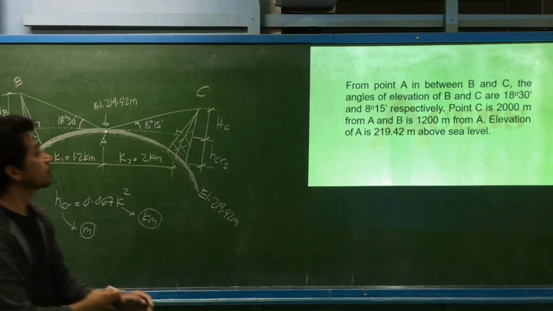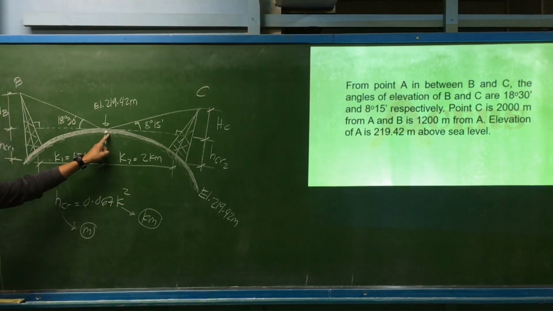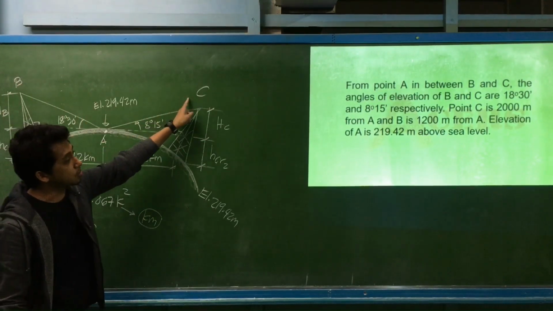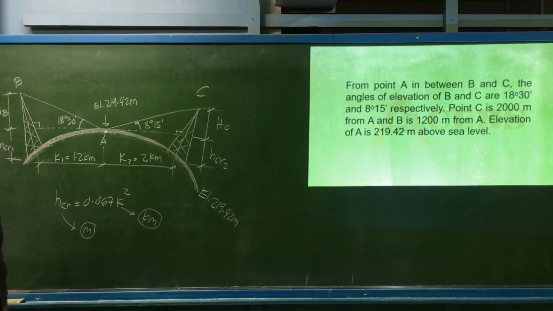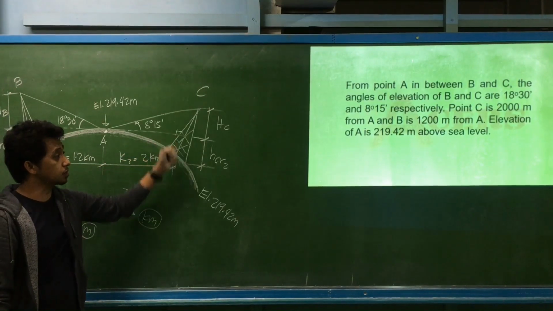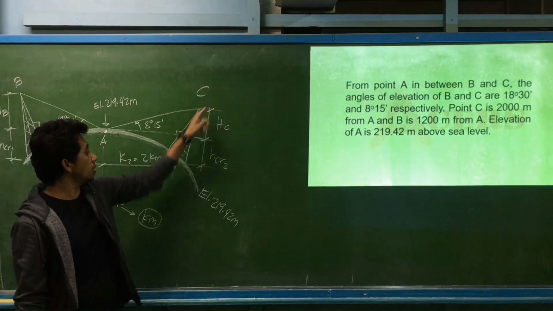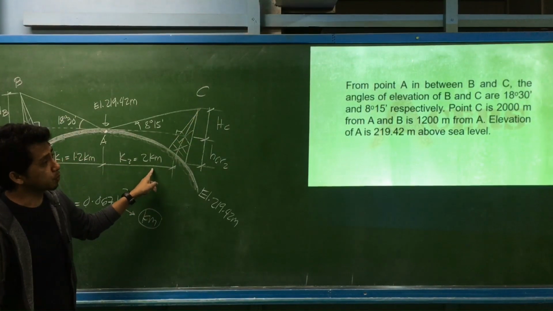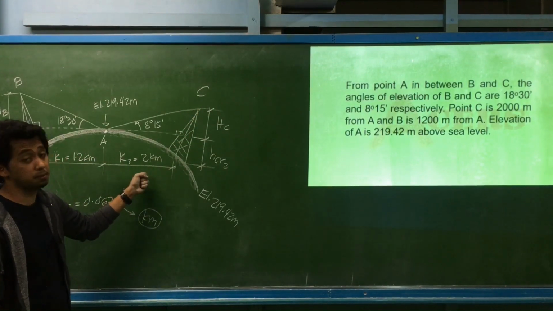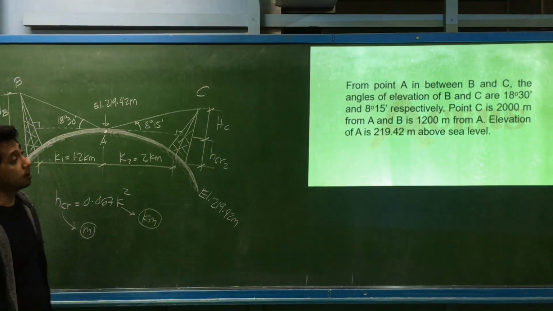Sasabi niya, from point A, that is, between point B and point C are the angles of elevation of B and C are 18 degrees, 30 minutes, and 8 degrees, 15 minutes respectively. Point C is 2,000 meters from A, that's the same as 2 kilometers.